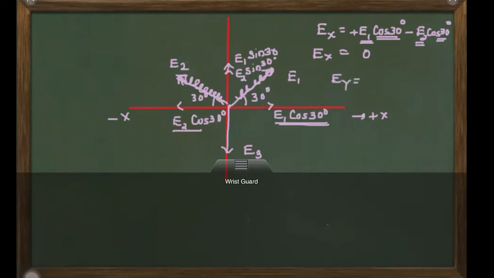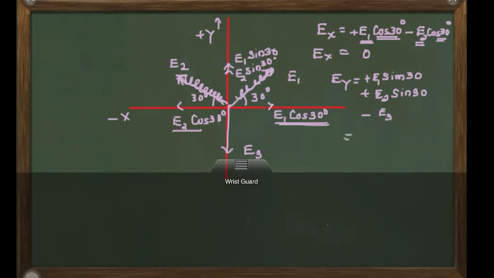Now we are coming on total y component. When we are going on y component, we can write here what? Plus E1, because this is plus y-axis, so plus E1 sin 30, plus E2 sin 30, minus E3.